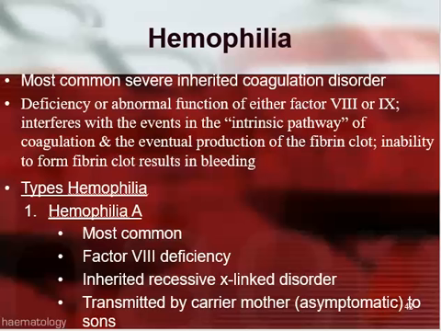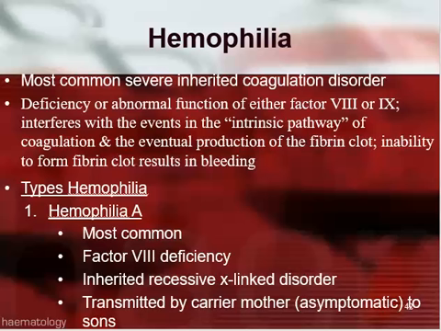They are really some sort of abnormal functioning of either factor 8 or factor 9. And that interferes with the intrinsic pathway of coagulation. The extrinsic pathway is what we rely on. So the intrinsic is that which happens in the blood.